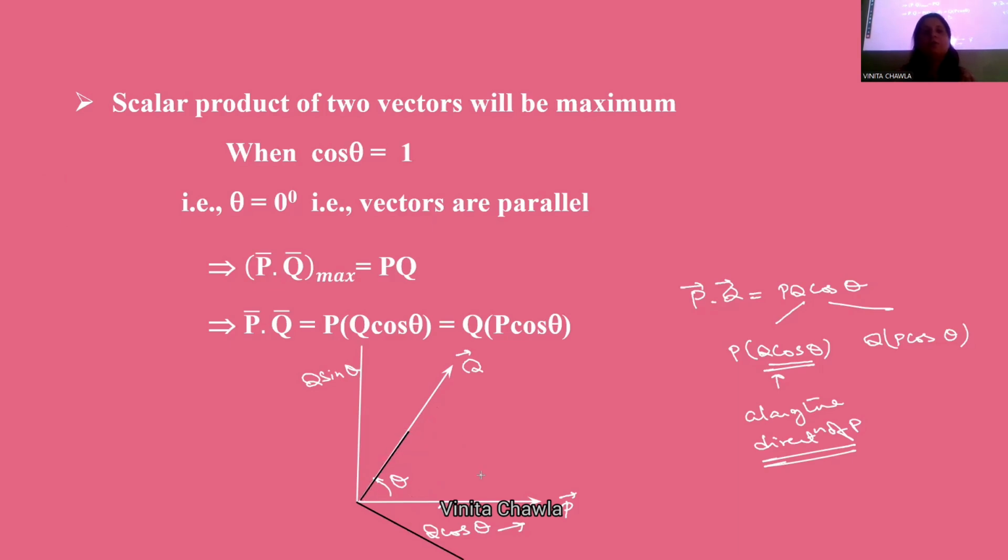So if we resolve vector P into rectangular components, we can write this component as P cos theta and this component as P sin theta. So you can see that when we take Q into P cos theta, we are taking that component of P which is along the direction of Q. So P cos theta is along the direction of Q.